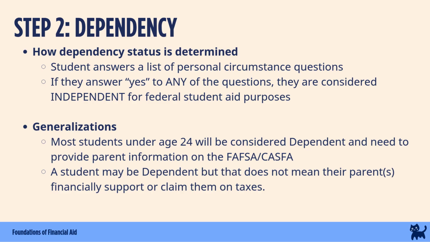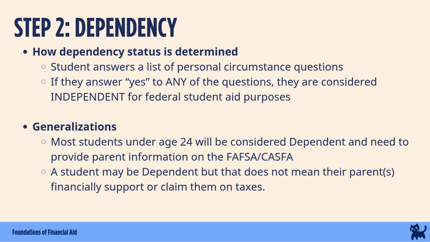Dependency status will be determined based on the student responding to a list of personal circumstance questions. If the student answers yes to any of those questions, which we'll look at in just a moment, they will be considered independent for federal student aid purposes. And that means they will not provide parent information on their FAFSA.